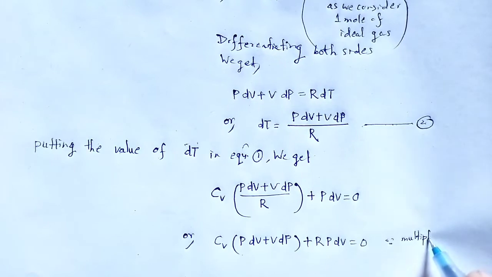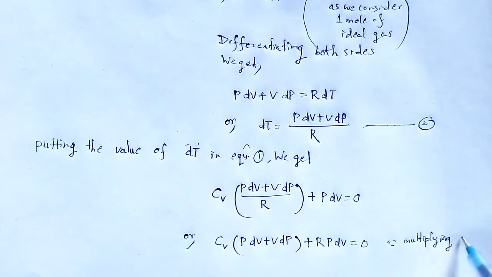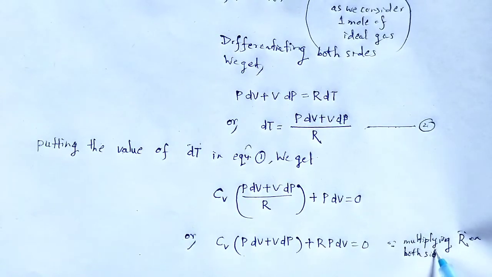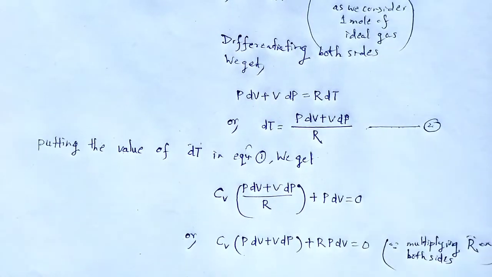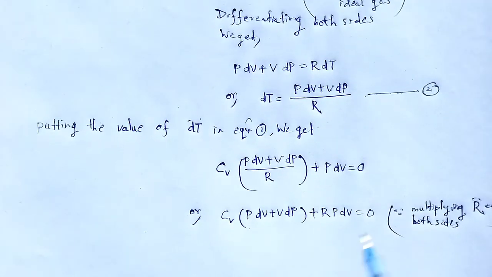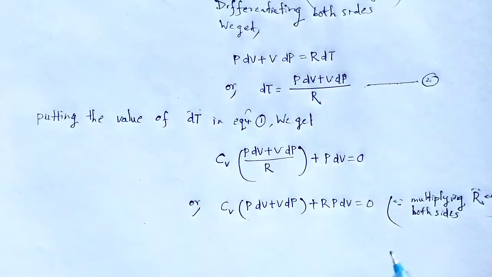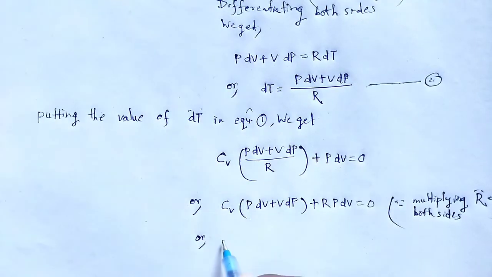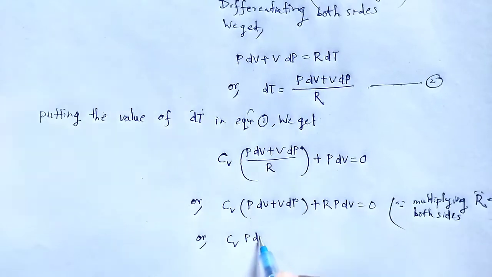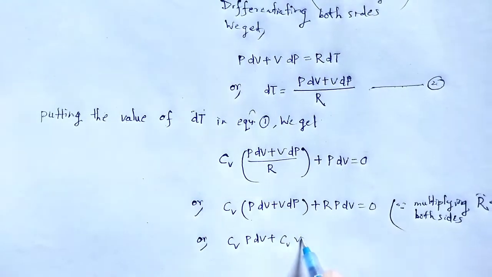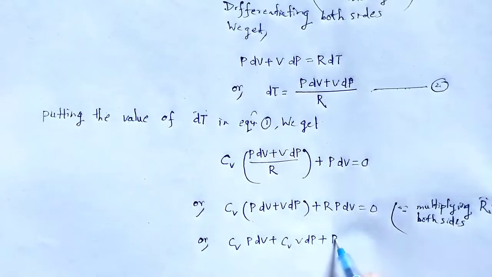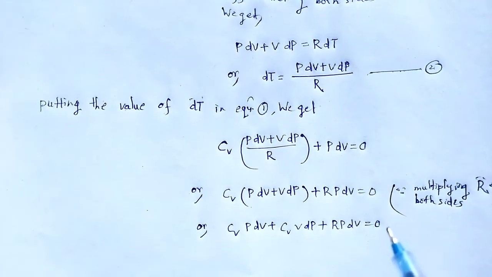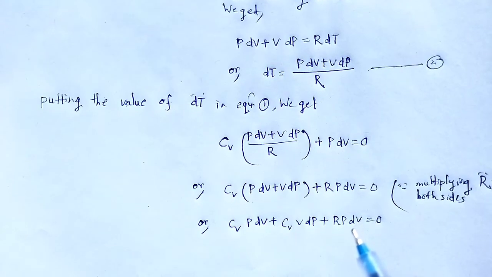Multiplying R on both sides and expanding that bracket, that is Cv P dV plus Cv V dP plus R P dV is equal to 0.